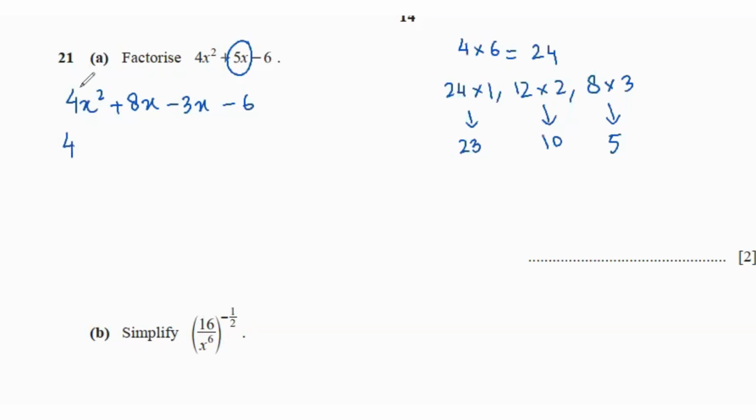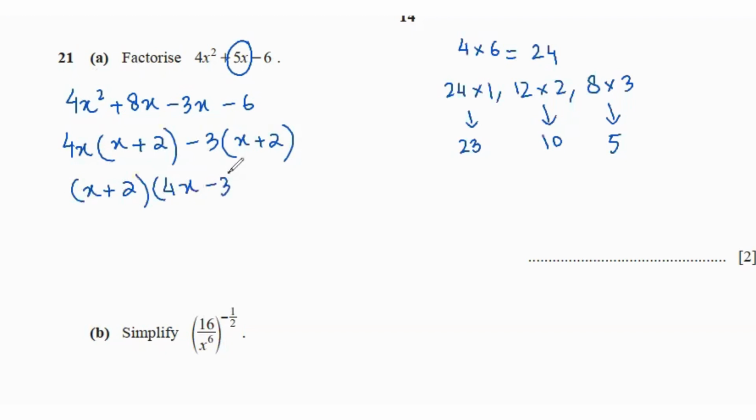I'm going to factorize the first two terms separately and the last two terms separately. So between the first two terms, we have 4x common, so x plus 2. And between the last two terms, we have negative 3 common, x plus 2 over here. So x plus 2 times 4x minus 3. That is our factorized answer.